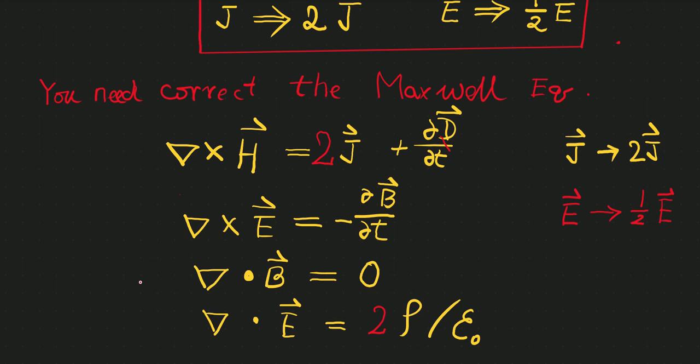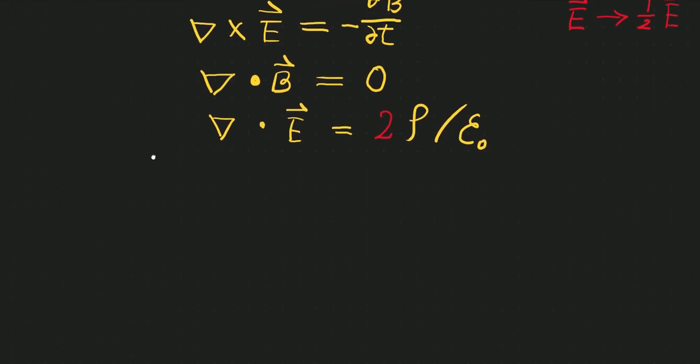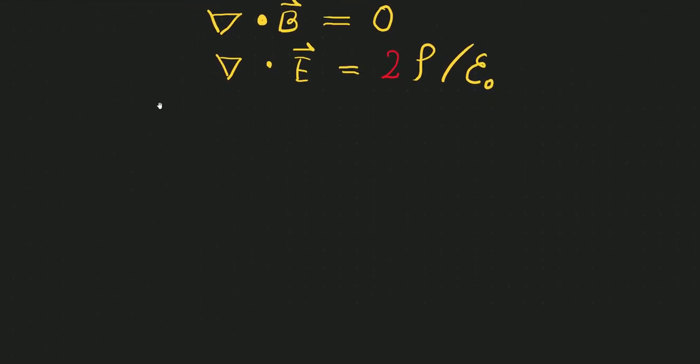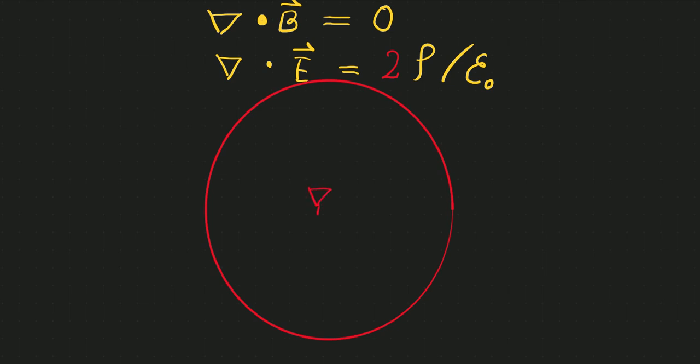Why we need to do this corrections? Later, I think it is clear. So, original Maxwell theory, if you have a current, an antenna here, that produced field.